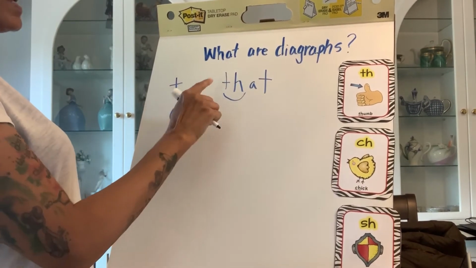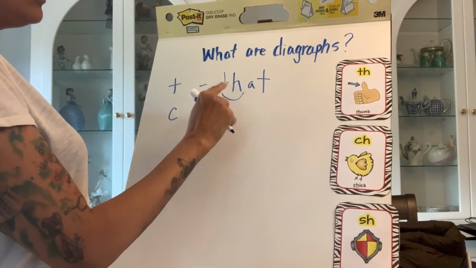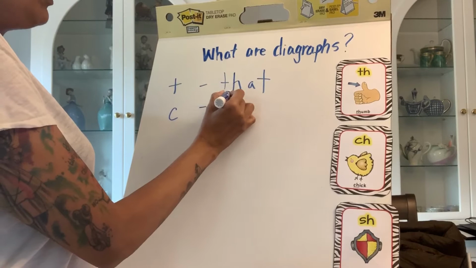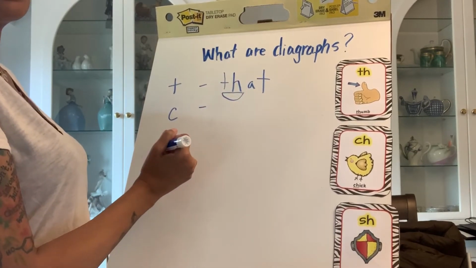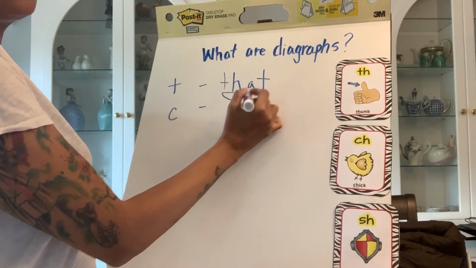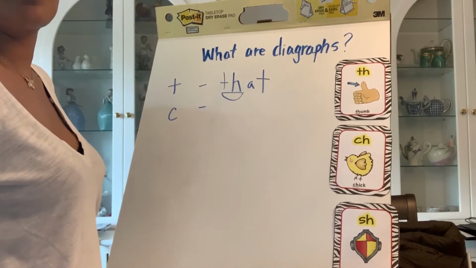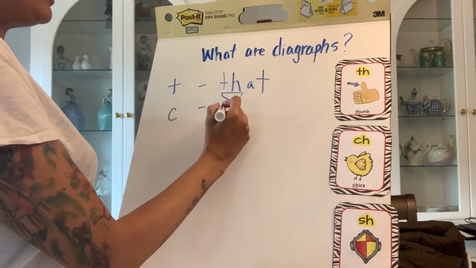And we wouldn't say T, H, A, T. This would be pronounced as one sound: th. Put your tongue between your teeth. Th. And then it would be that. Not hat, but that.